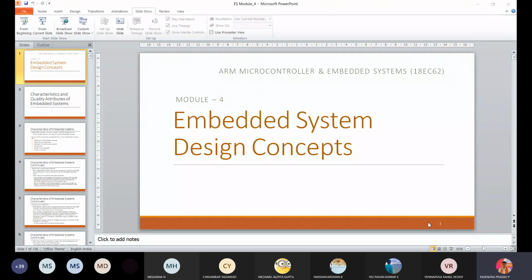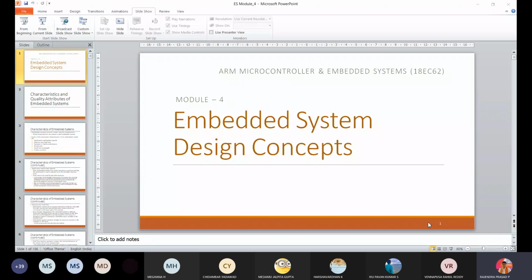Because many people ask me, my friends, my relations, everyone asks me, I wanted to buy a laptop. So which laptop should I buy? So I will ask them, what is your budget? They will tell the budget is around 30 to 40K, right? So within this budget, what is the best processor you will suggest?